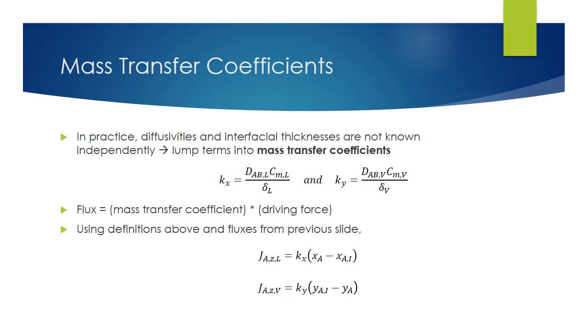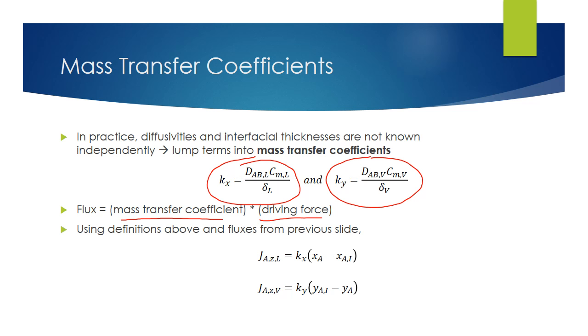So in the liquid phase, we're going to write lowercase k_x representing the mass transfer coefficient in the liquid phase in terms of mole fractions. And it actually includes the mole fraction at the interface as part of the definition. Notice that it contains the diffusivity, the total molar concentration, and the thickness of the liquid interface. And we define a similar mass transfer coefficient for the vapor phase in terms of mole fractions. And the flux is going to be written as that mass transfer coefficient multiplied by a driving force for mass transfer.